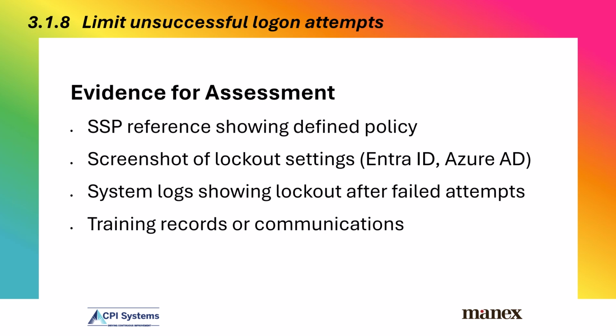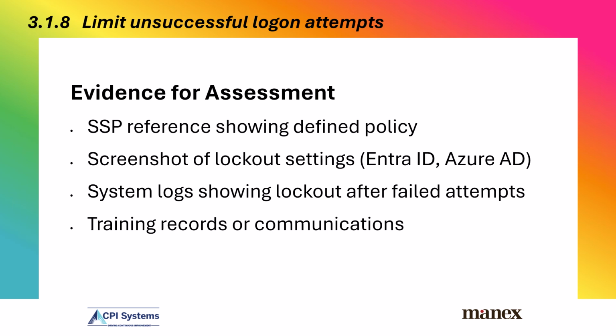Let's continue to look at examples of acceptable evidence. We'll talk about this more. SSP excerpt or reference to defined policy or statements. This will be in your access control policy. Screenshot of lockout settings, Entra ID, Azure Active Directory.